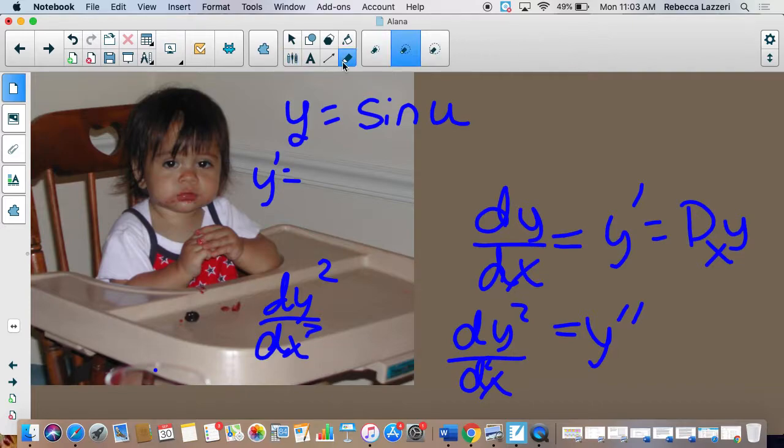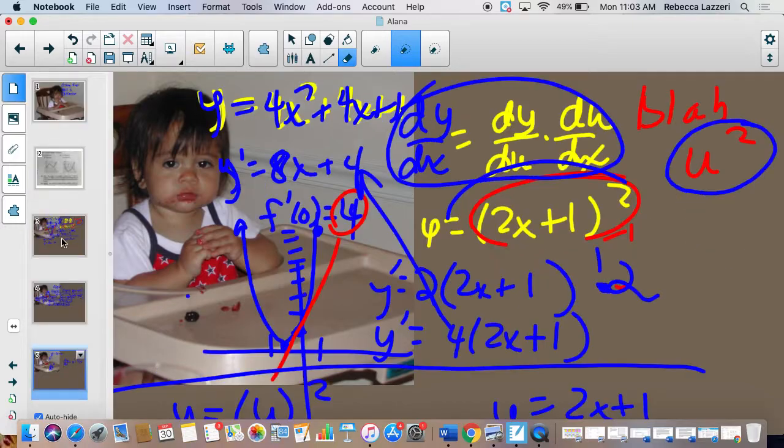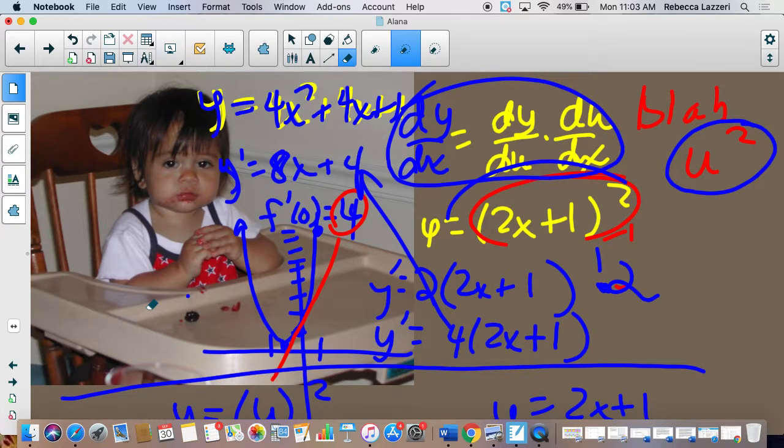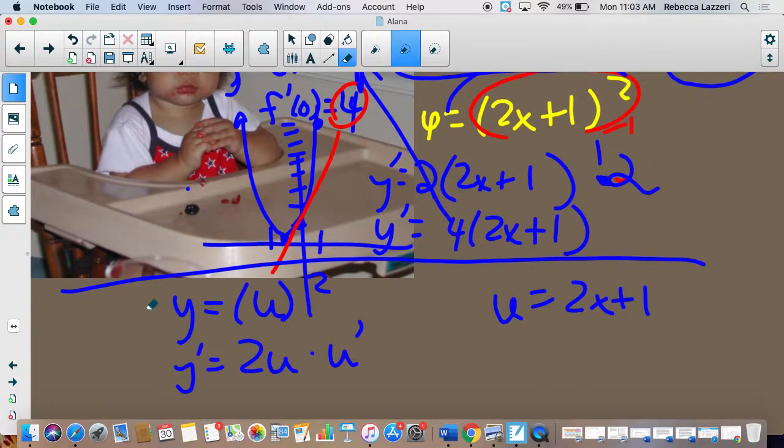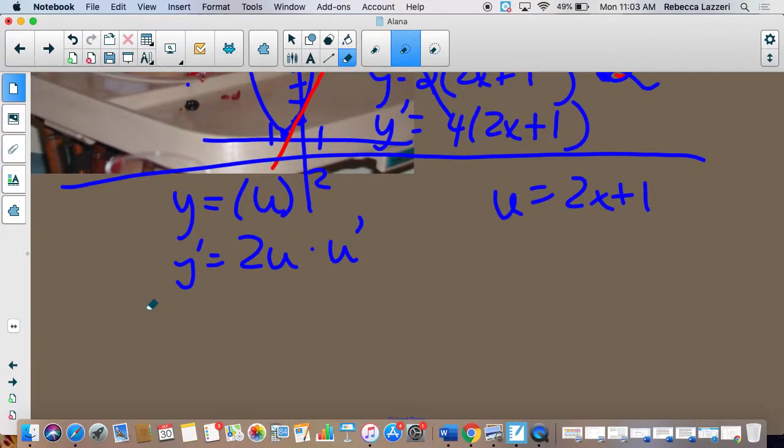So, let's go back to this slide. All of those mean the first derivative, by the way. Back to this slide where I was. Okay. So let's finish this up and then I'll land over there. So I have y prime. All right, so what did I do here? Because I'm kind of talking all over the place.